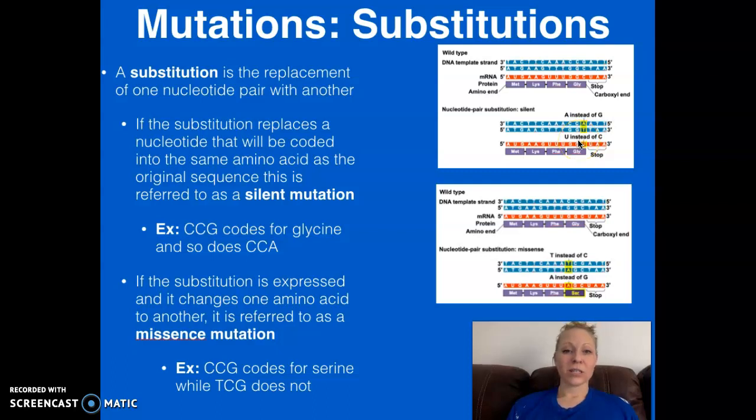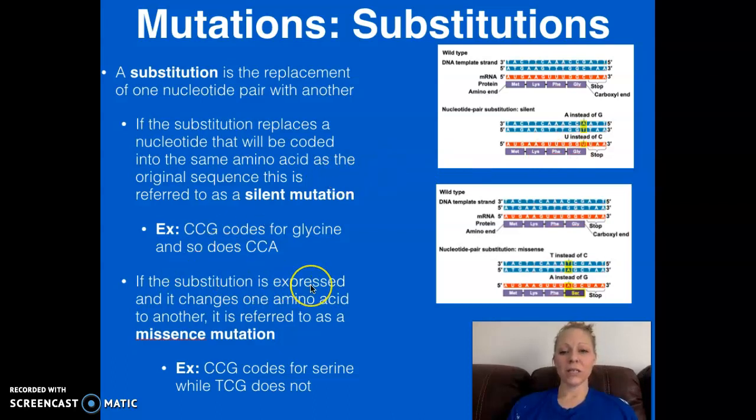However, this change is silent because it was supposed to initially code for glycine. So if it was CCG, it was going to code for glycine. However, it's now CCA, and that still codes for glycine. And so we call this a silent mutation. And this has no effect on the phenotype.